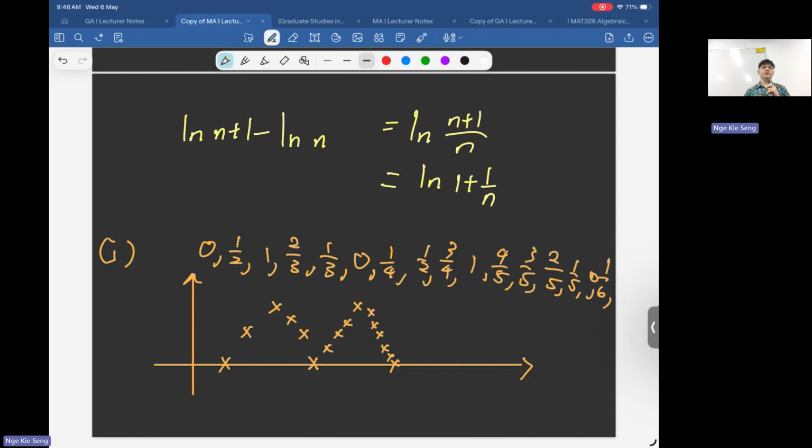Or you can show it like how we show the -1 to the n doesn't converge. You always find some point that's epsilon away from the limit. Okay, but then how do I make sure the subsequent distance increases? I put more terms in between 0 and 1. I can always do that because the real numbers are very dense.